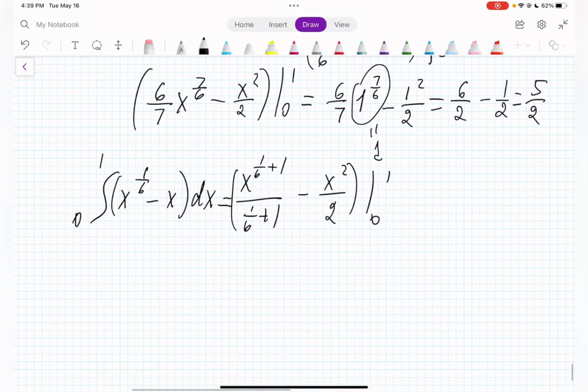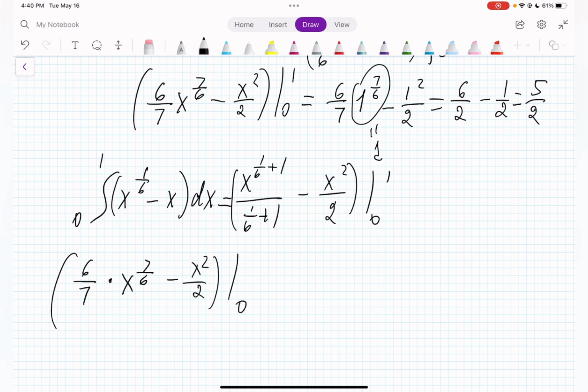So 1 plus 1 over 6, it's going to be 7 over 6. So x to power 7 over 6 divided by 7 over 6, we are getting times 6 over 7 and minus x squared over 2. So all this is going to be on interval 0 and 1. So 6 over 7 and 1 to any degree is going to be 1.